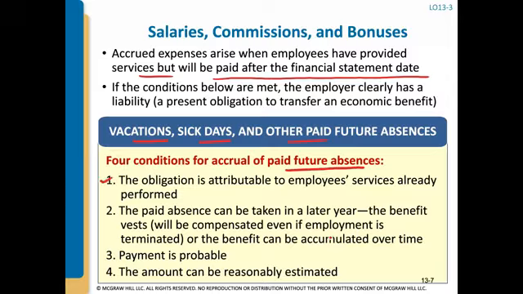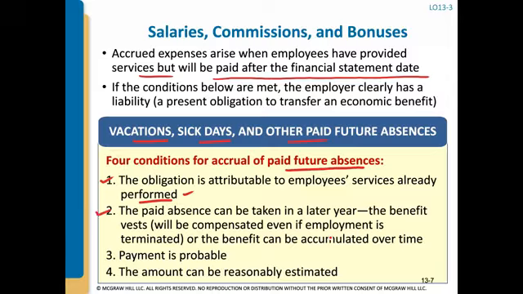Think of accrued vacation: an employee accrues vacation as they work, but they don't necessarily take that vacation all in one year because they can have the vacation rolled over to the following year. However, the company will still owe the employee the vacation and have to record a liability if these four conditions are met. Number one, the obligation is attributable to employees' services already performed, meaning the employee has worked.